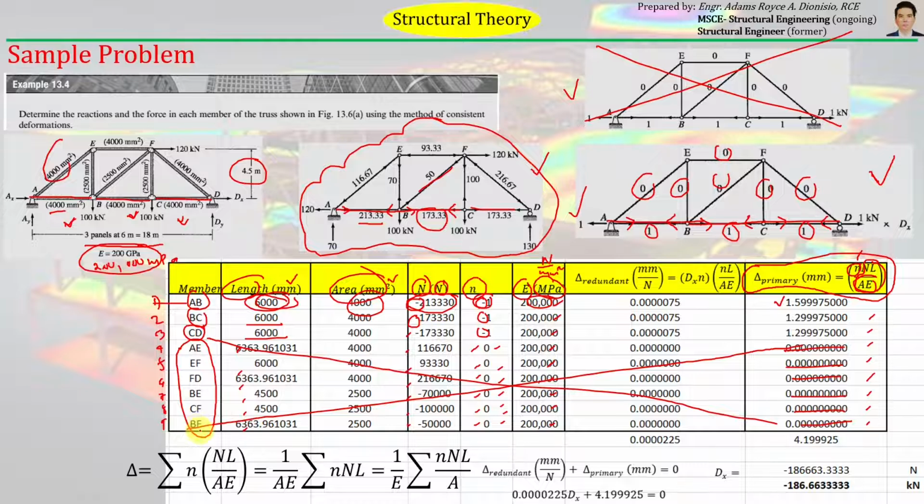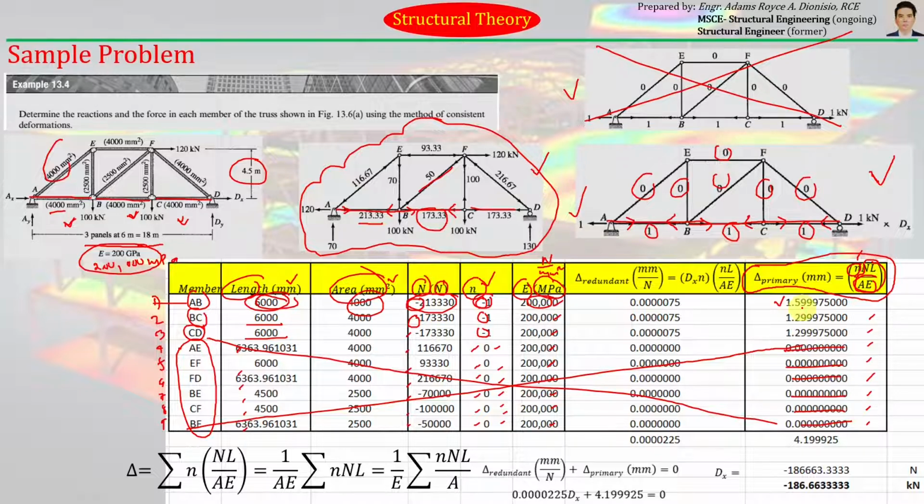So again, that will greatly reduce the computational effort if you are able to notice the corresponding members with zero values of n, or even zero values of capital N, as early as possible. That will greatly reduce the computational effort that it will require you.